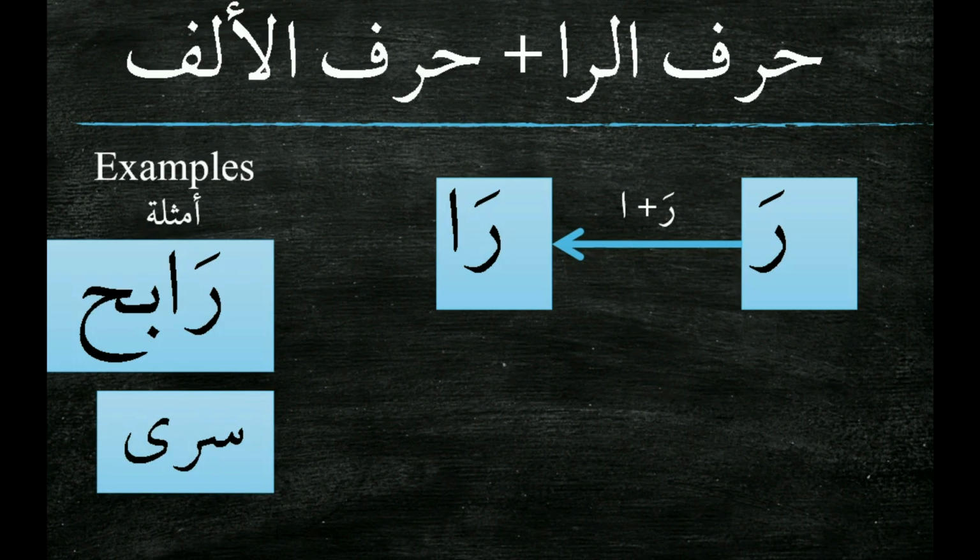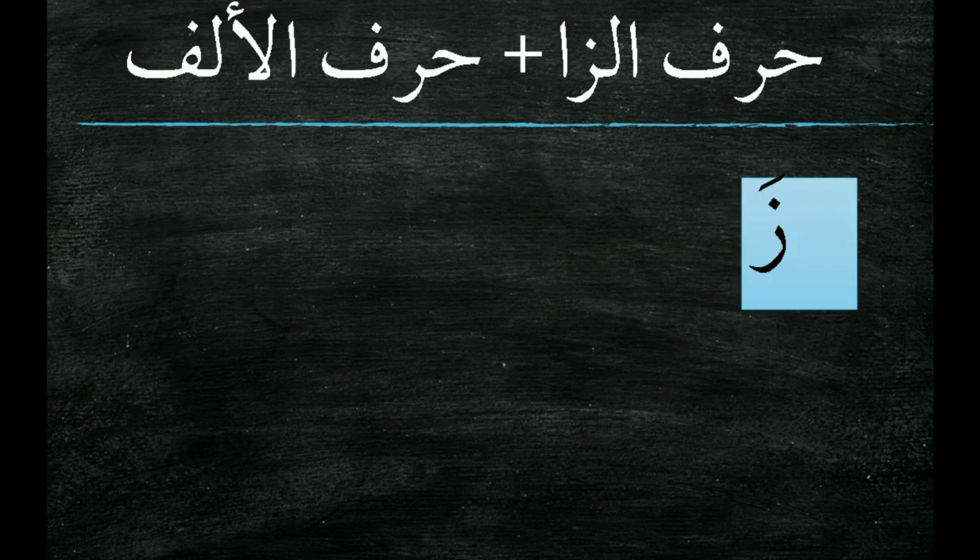Rabih. Sara, sara. And as you see, we don't say sa, ra. We say sara. So, the same characteristic of the tongue elevation in the ra is applied to the alif after it. Rabih. Now, let's go to the za. Za is just as the ra, but with a dot.